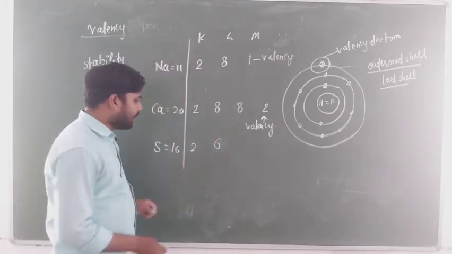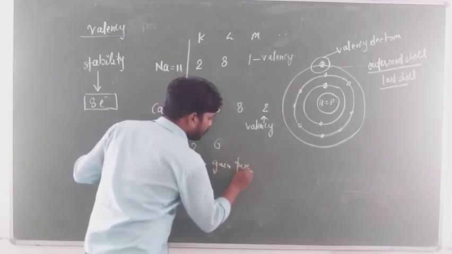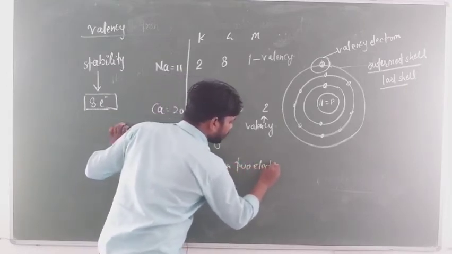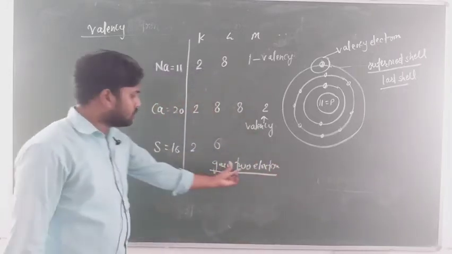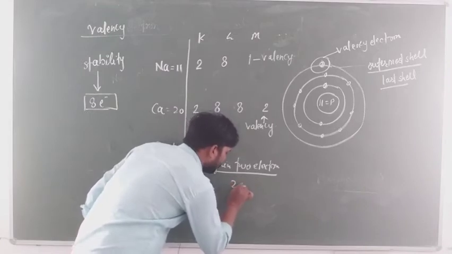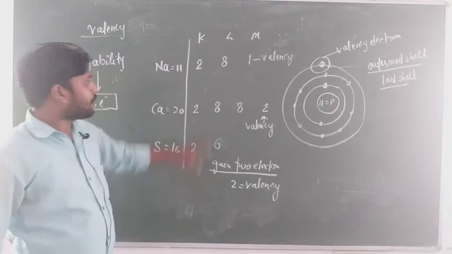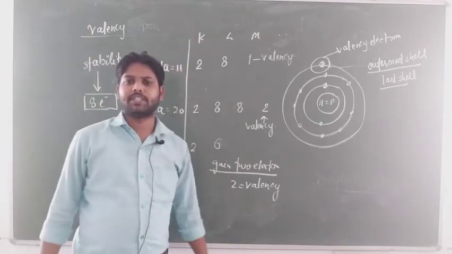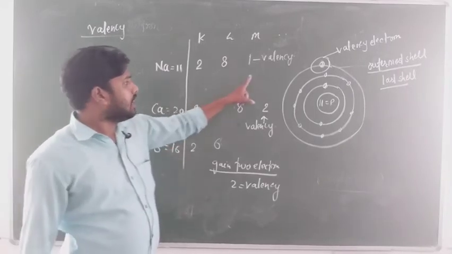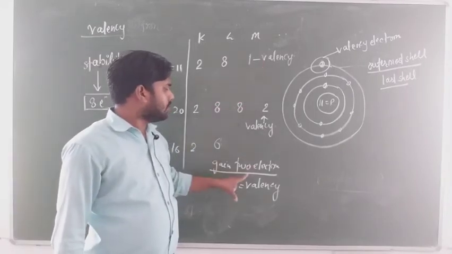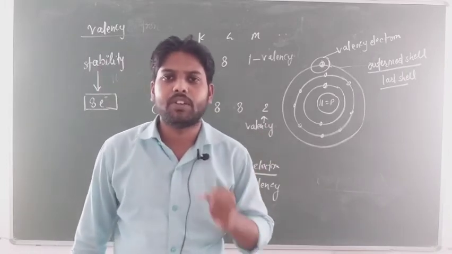So sulfur gains 2 electrons to achieve stability, and 2 will be its valency. So from the following elements, students, it is clear that valency is found by losing or gaining electrons to achieve stability.